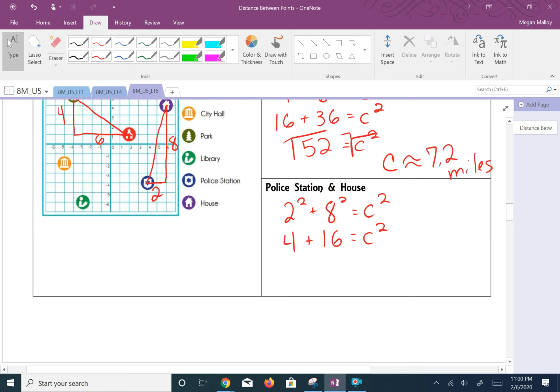Oh my goodness, it is too late for me to be making that mistake. 8 times 8 is 64. So 64 plus 4 is 68, equals c squared. And we need to take the square root of both sides, and c is going to be approximately 8.2 miles between the police station and the house.